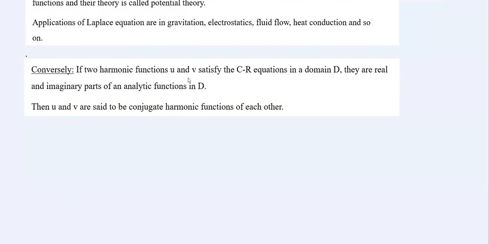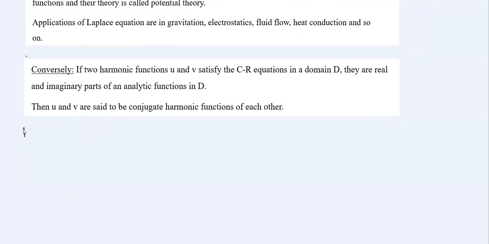Conversely, if two functions U and V satisfy Cauchy-Riemann equations in the domain, then they are real and imaginary parts of an analytic function, and U and V are said to be conjugate harmonics of each other.